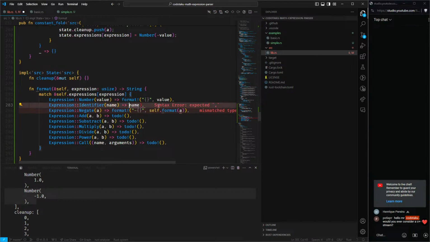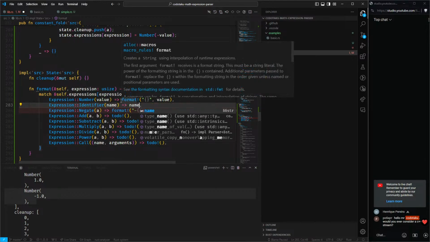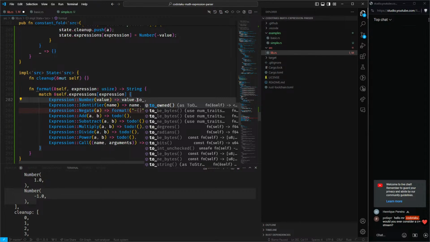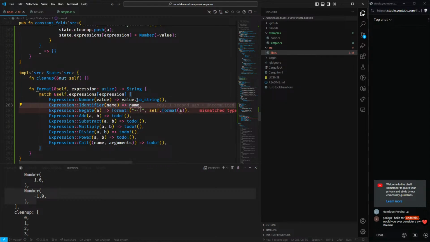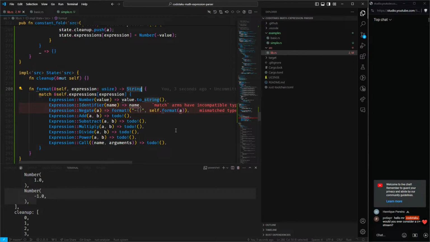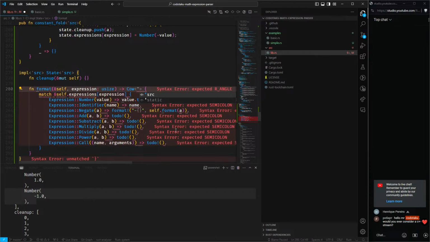Well, we could just return name directly here. Here, though, we're gonna need the format. Or we could just simply turn it into a string directly. Right? Though, honestly, to not need to allocate this, I'm just gonna go with a cow.